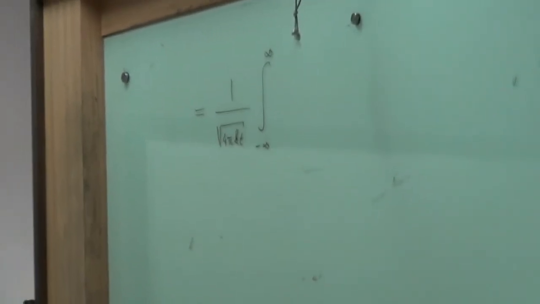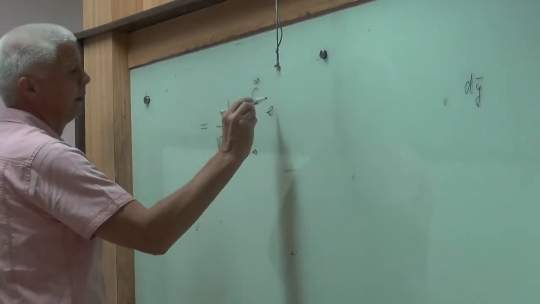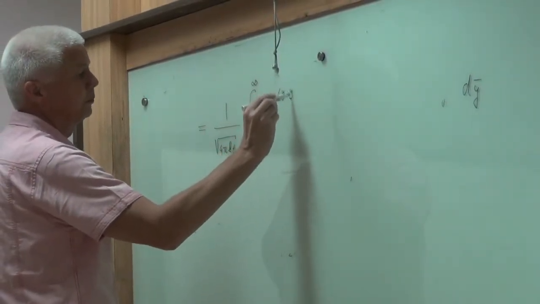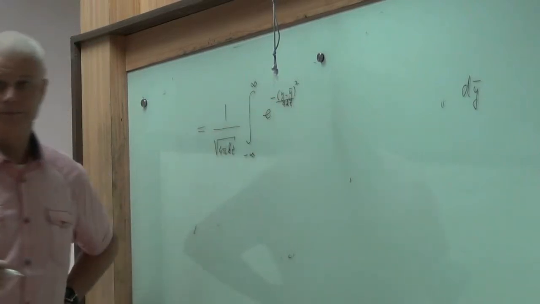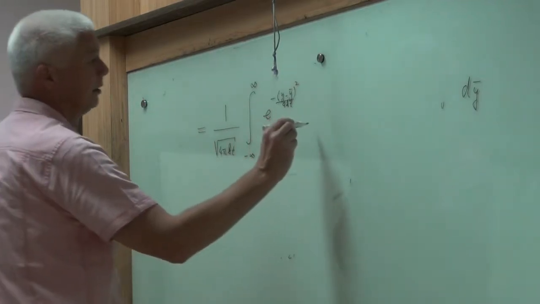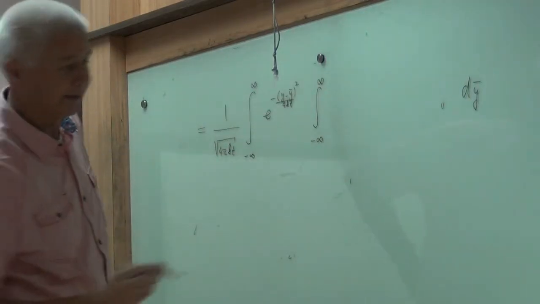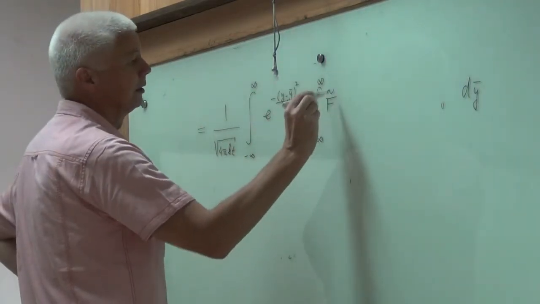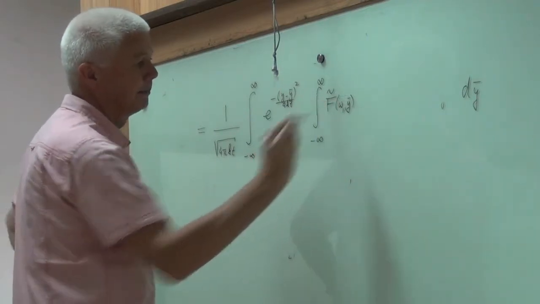Then I can take out, for sure, e to the power minus y bar squared over 4 kt. And then I have to write down an integral from minus infinity to plus infinity. I can write down the f with omega 1 y bar.